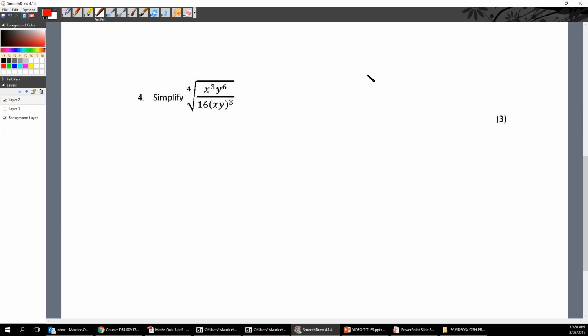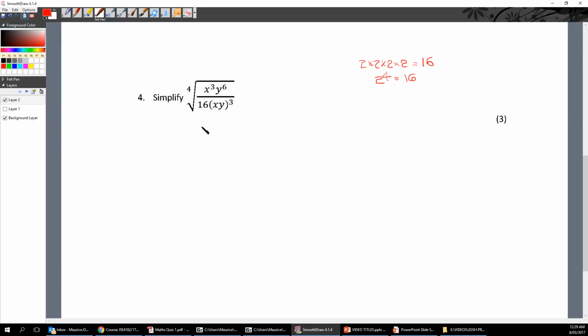Now 16 is a pretty interesting number, but if we go 2 times 2 is 4, times 2 is 8, and times 2 equals 16. Okay, now I knew that about 16, so that is actually 2 to the power of 4 equals 16.